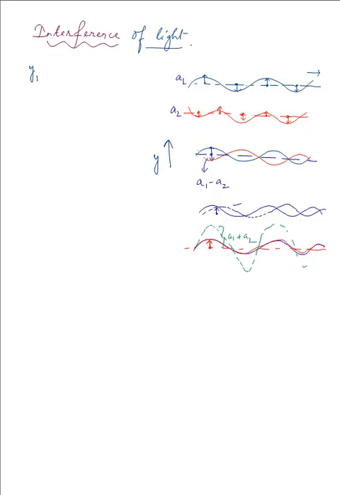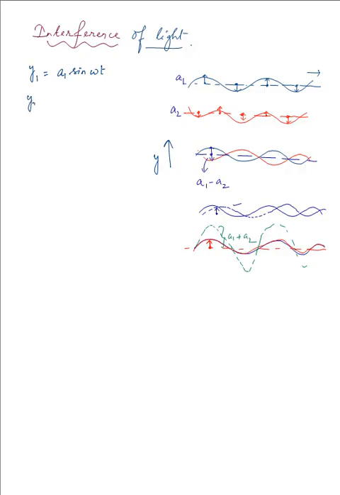So y1, let that be the equation of displacement of the particle in the medium due to the propagation of the first wave, which is given by y1 is equal to, let's say the amplitude is a1 sine omega t. Omega t is the angular displacement at that given instant of time t, where omega is the angular frequency with which the wave moves.